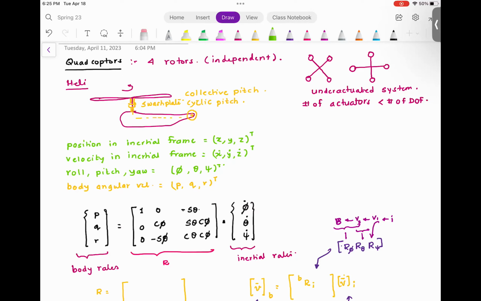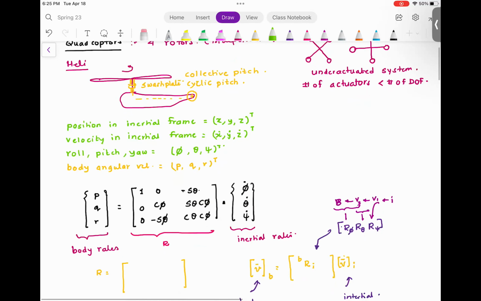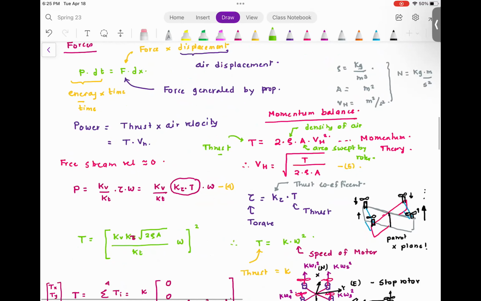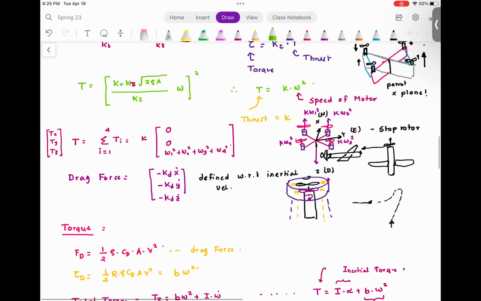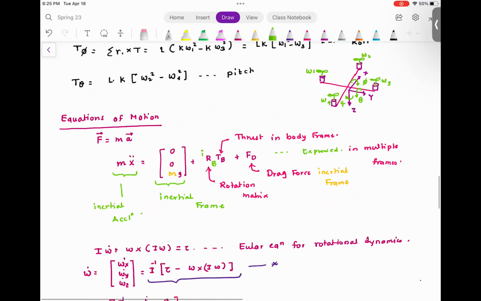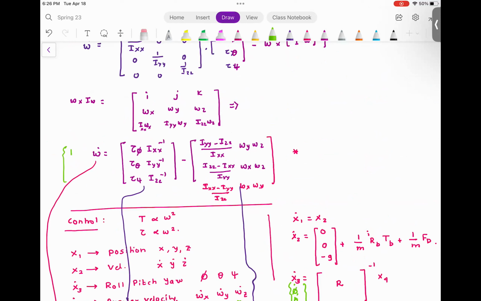And that x4 dot equation is this equation. This is P dot, Q dot, R dot, which is nothing but x4 dot.